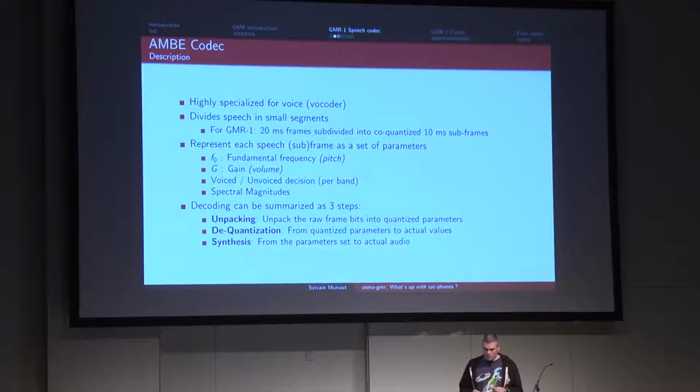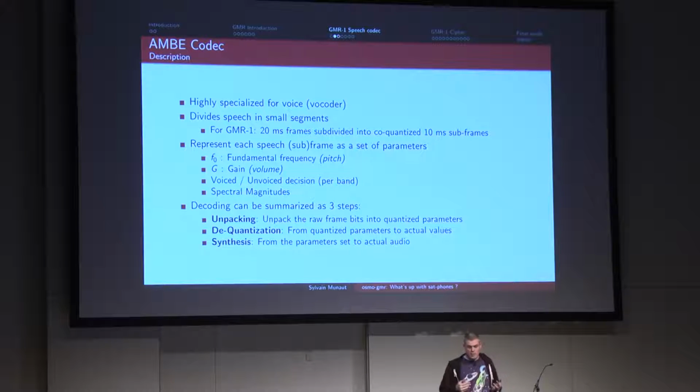So that's the unpacking step. The second one is dequantization, and that's going from those quantized, compressed parameters into actual floating point or integer values, which represent the real parameters that can be used for the last step, which is synthesis.